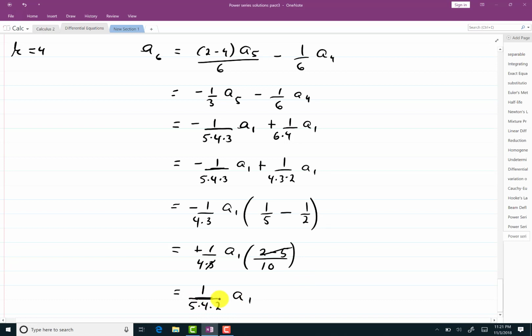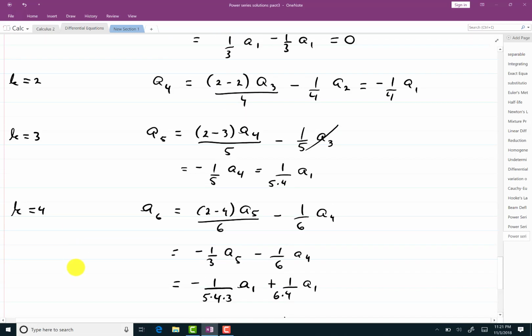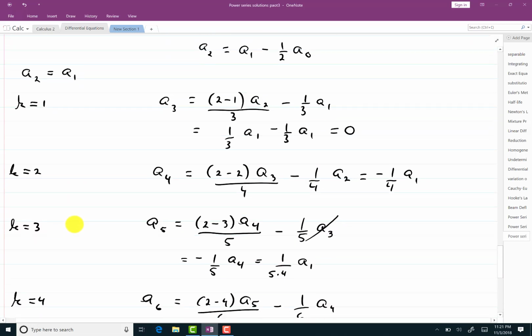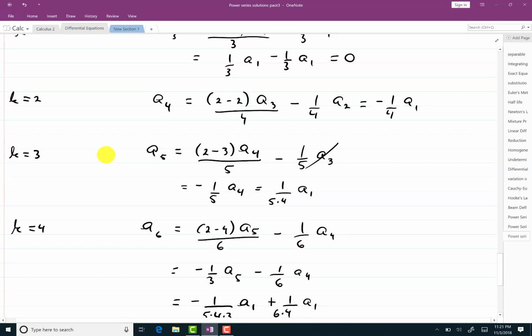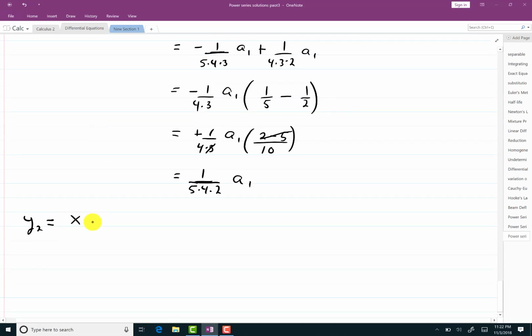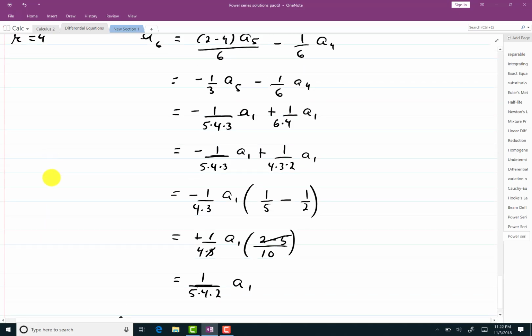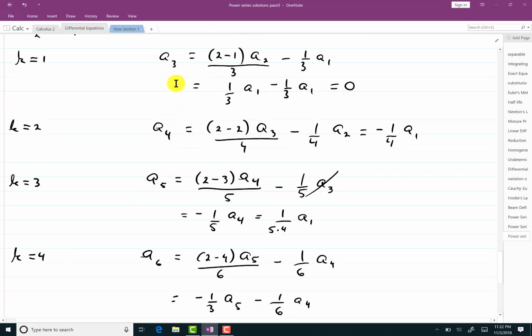I think that's enough. Let's go ahead and write our y sub 2. So y sub 2 will start at x to the 1 power because a sub 0 is equal to 0 right now. So a sub 1 is times x to the 1, and a sub 2 is also equal to that. So this series for y sub 2 is going to start off at x plus x squared. Let's take a look at the rest. A sub 3 is attached to x cubed.